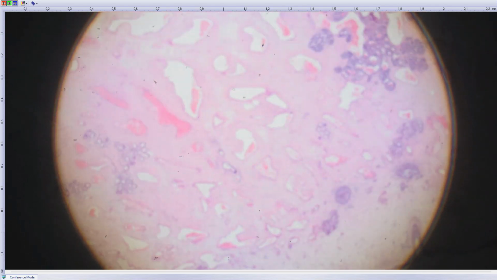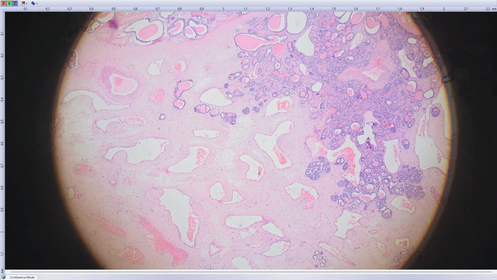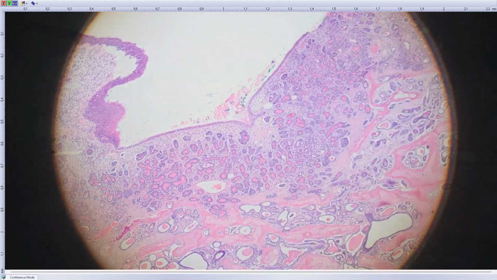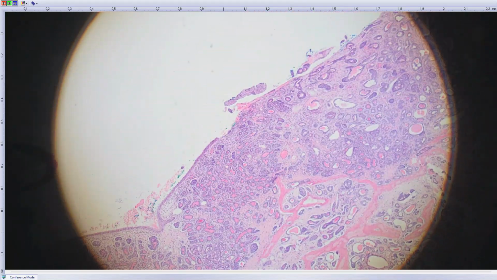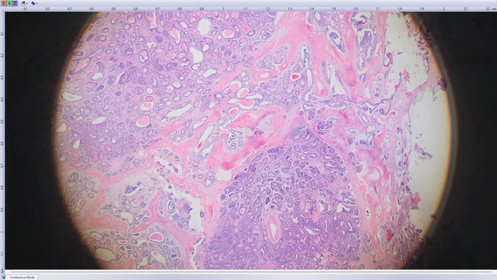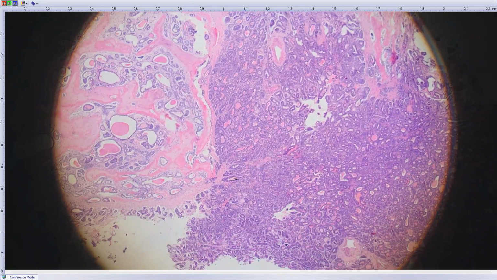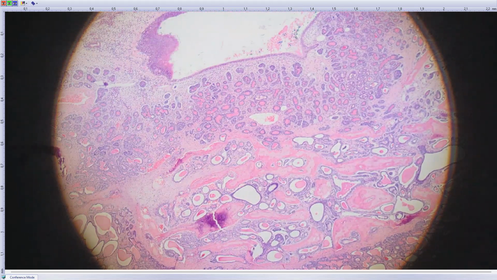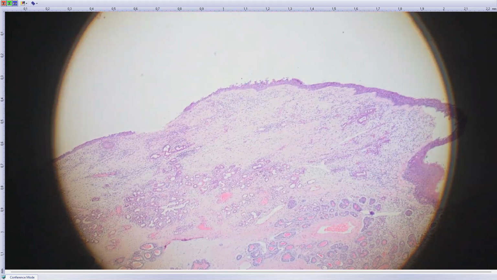Another case is a case of an older patient. I don't remember male or female, but it's not important. Of the nasal cavity. It's a case from Singapore, and we just published 31 cases of this coincidence.